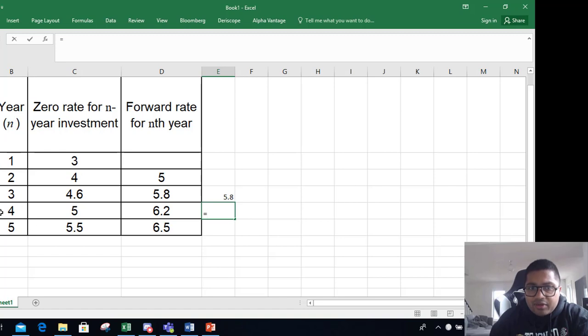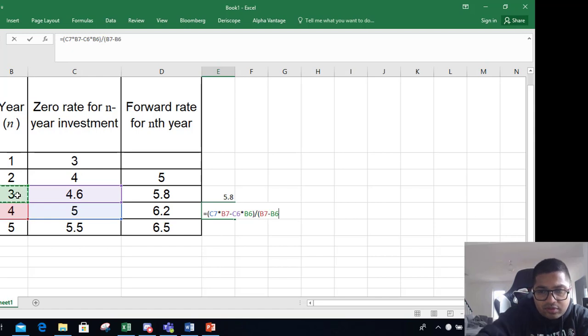Forward rate at time period 4 will be rate right now multiplied by 4, minus rate previous multiplied by 3, divided by the difference between 4 minus 3.